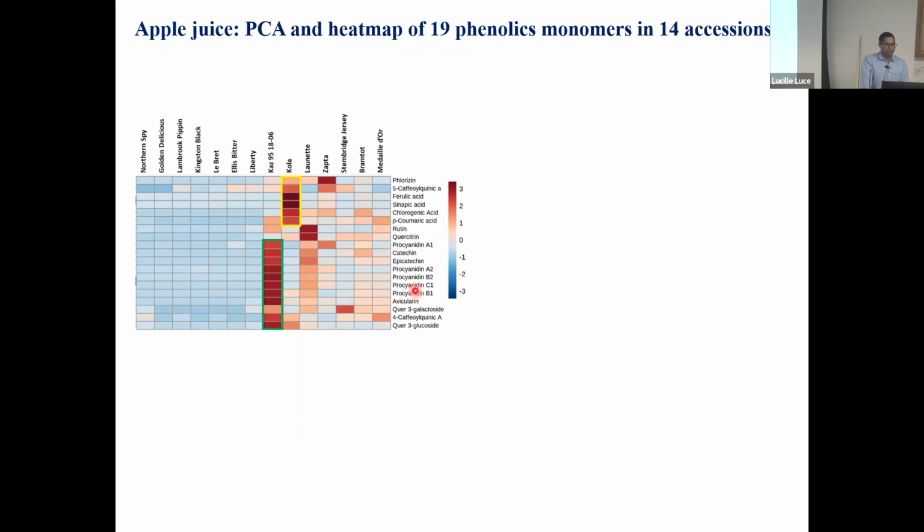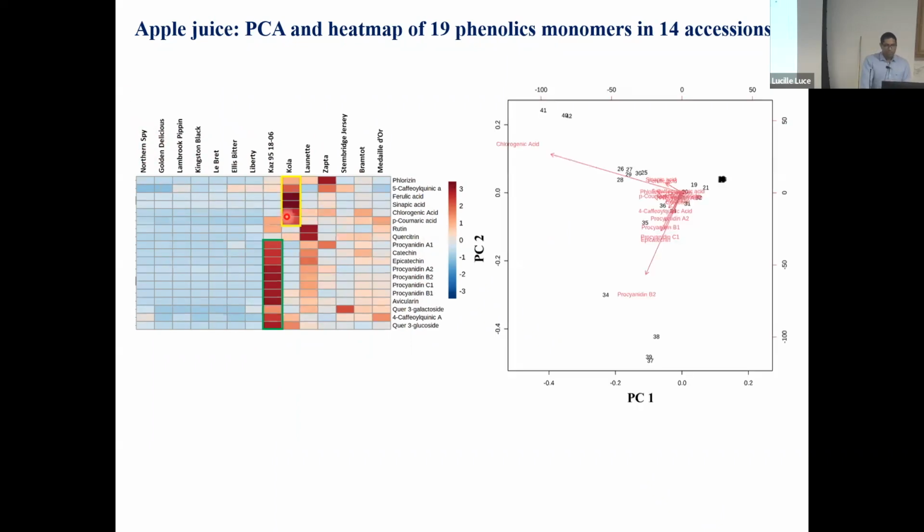If you look at the individual phenolics, many of them, like catechin and all the flavan-3-ols, are higher compared to the commercial cider varieties like Harry Master's Jersey and Northern Spy. We did the PCA biplot analysis, and we found that procyanidin B1 and chlorogenic acid are the factors which determine the PC1 and PC2 variation.